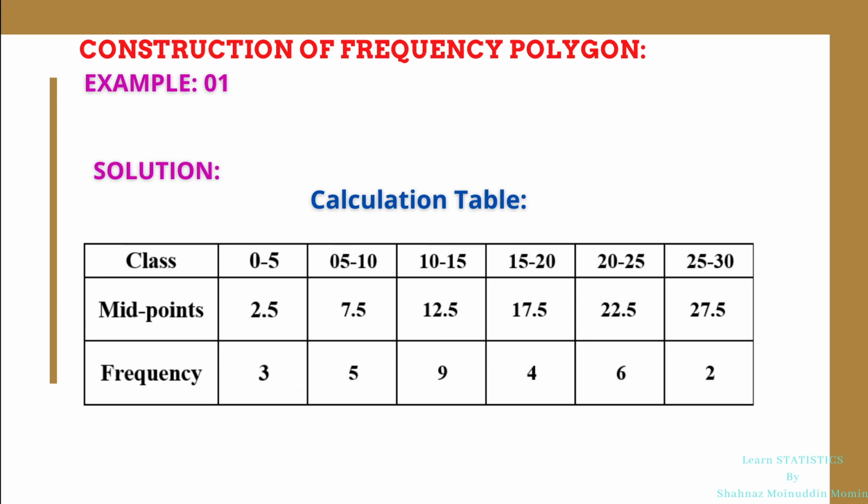So let us take a calculation table and calculate the midpoints. The first class is 0 to 5, hence its midpoint is (0 plus 5) upon 2, that is 5 by 2, and it comes out to 2.5. Similarly for the second, (5 plus 10) by 2 is 7.5. Like that we calculate the midpoints of all the classes.